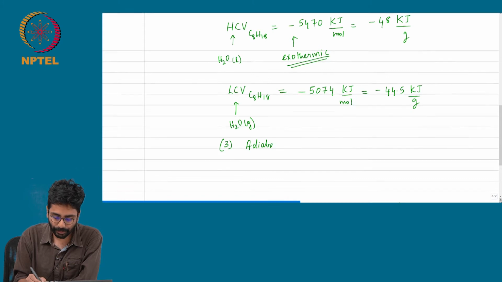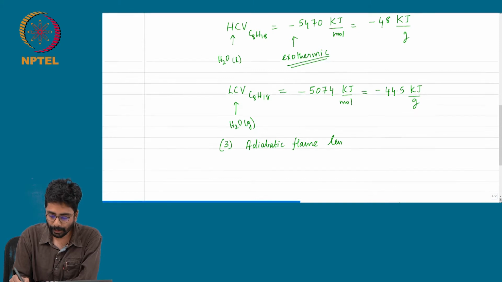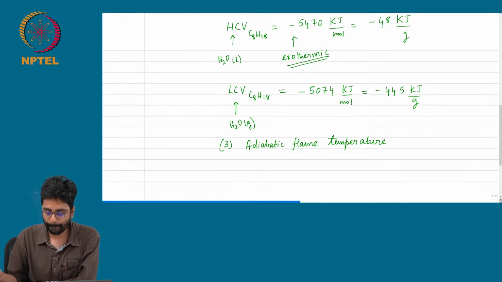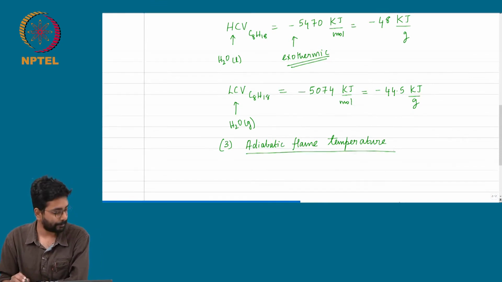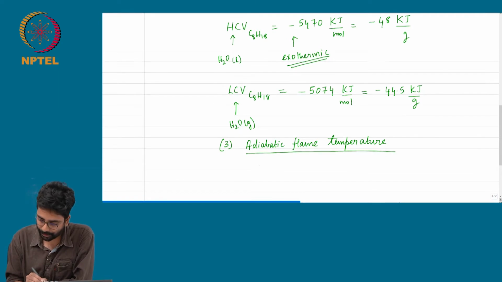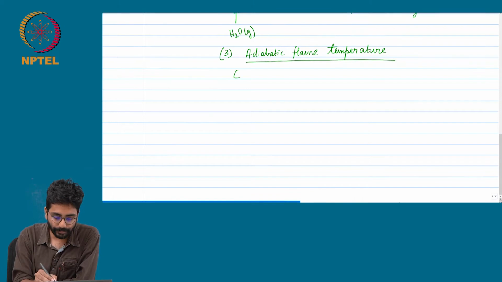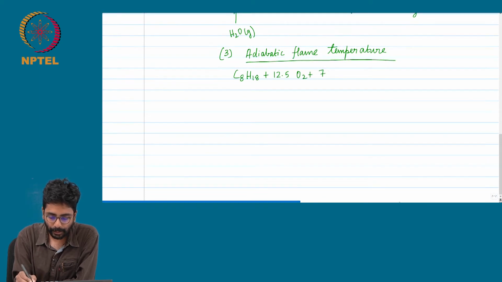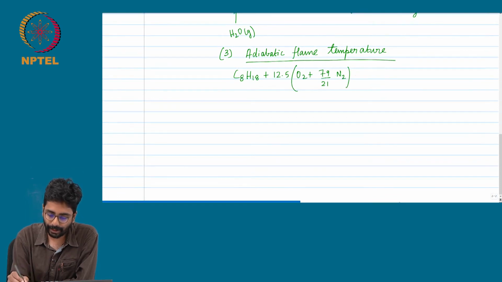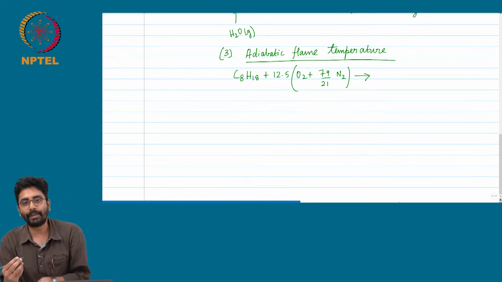So with this background, let's move on to the third idea, which is the idea of adiabatic flame temperature. Let's take the same reaction and calculate the adiabatic flame temperature of the products.